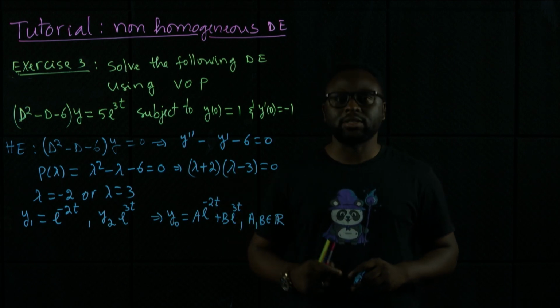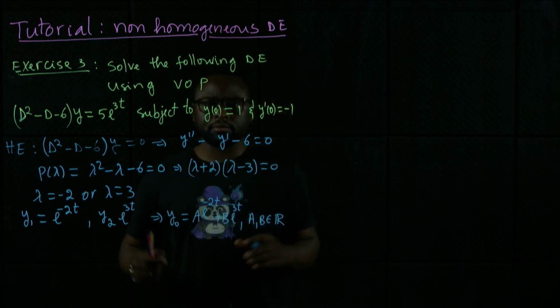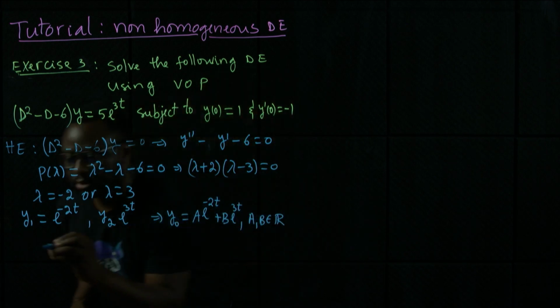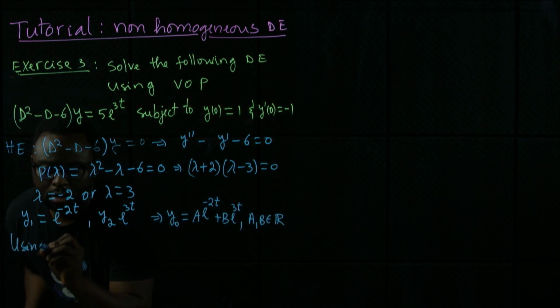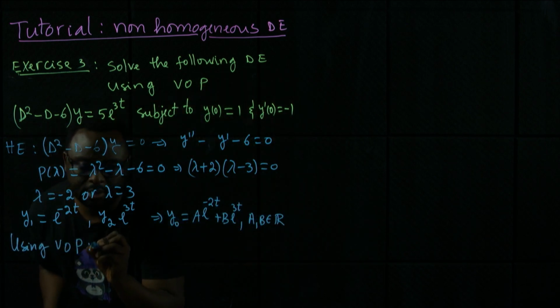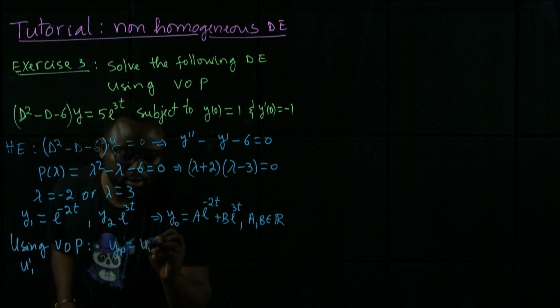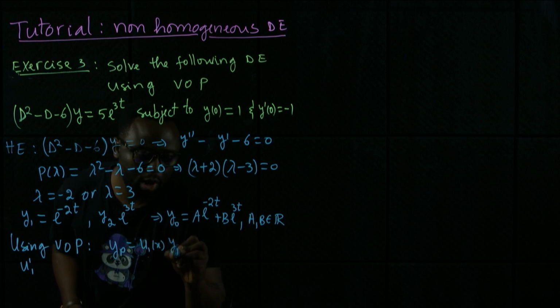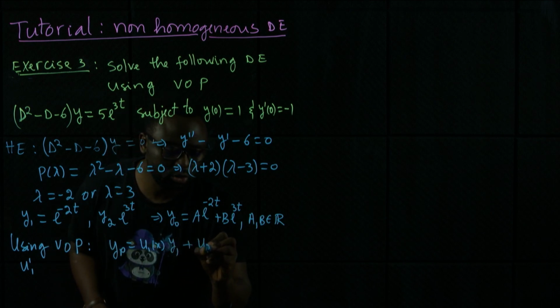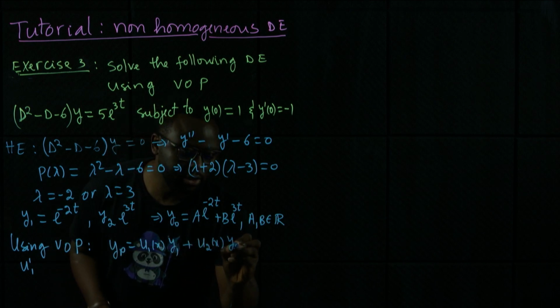All right, this is what we have, the homogeneous solution. Then let's look for the particular solution by the variation of parameters. Using the variation of parameters, we know that yp equals u1 of t times y1 plus u2 of t times y2.